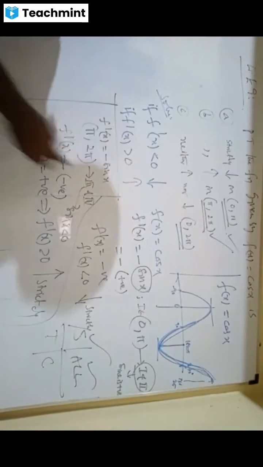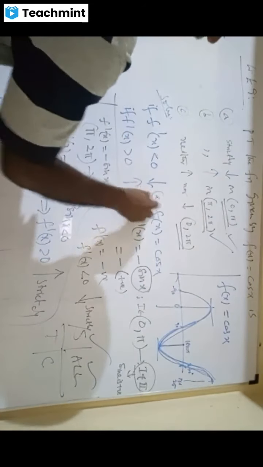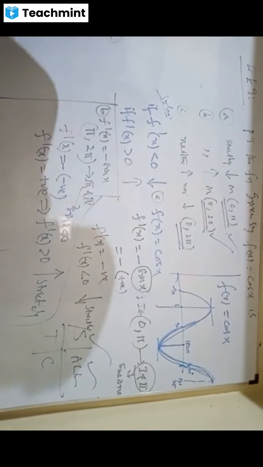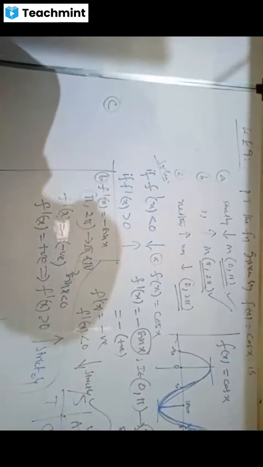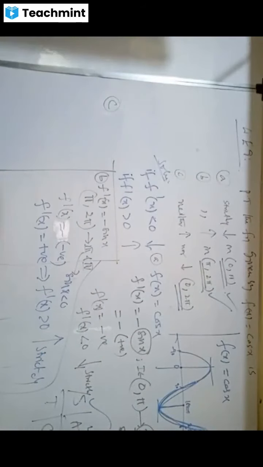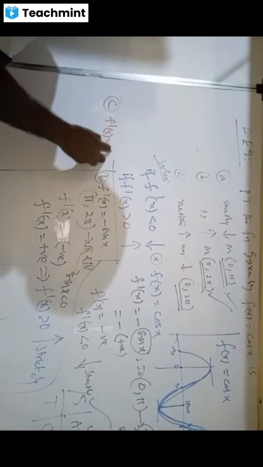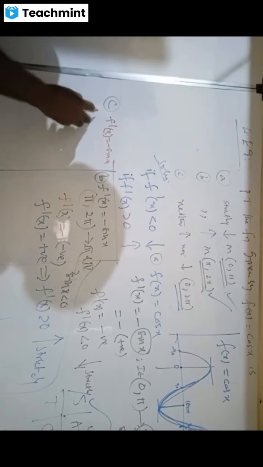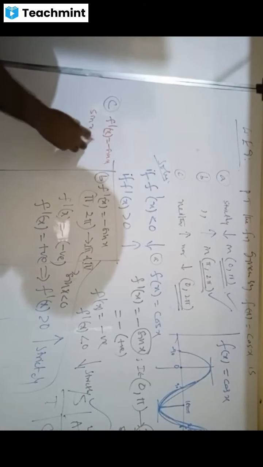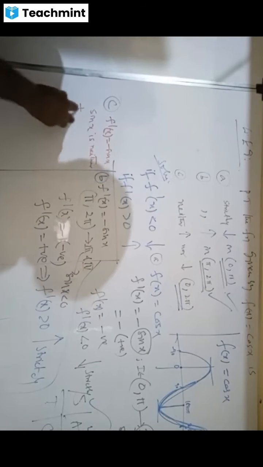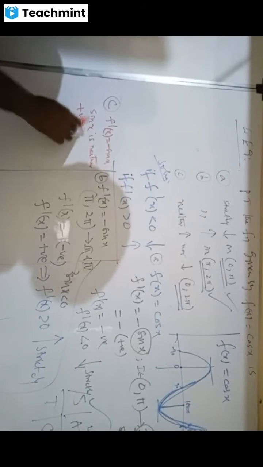Next, the third case. This is the first case, this is the second case, now the third case. See, what is the third case now? F dash x equals minus sin x. Sin x is neither positive nor negative.